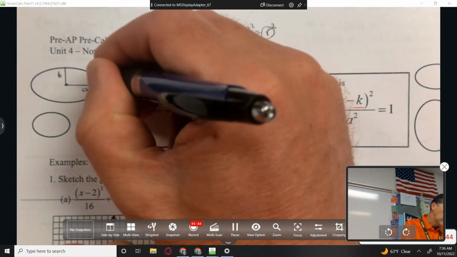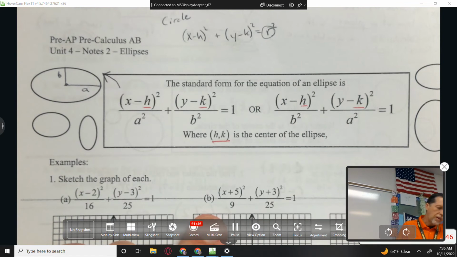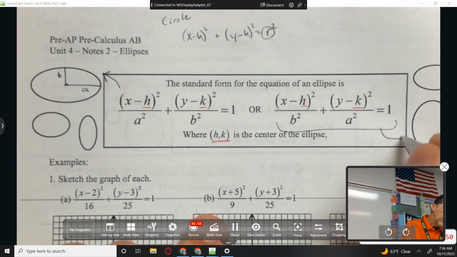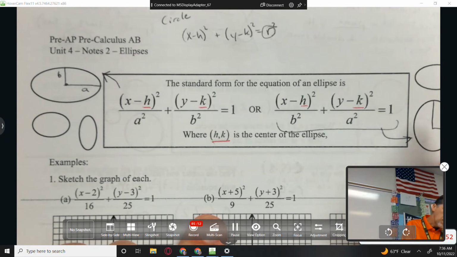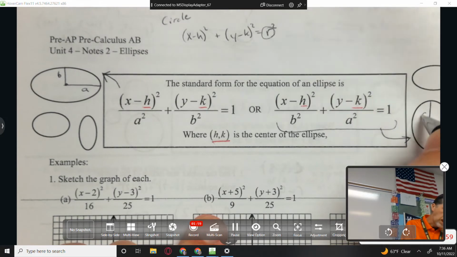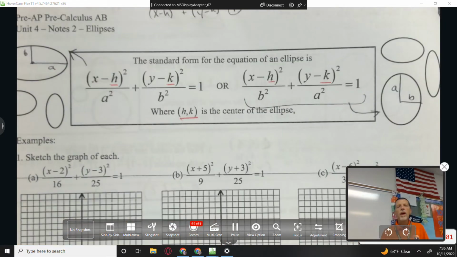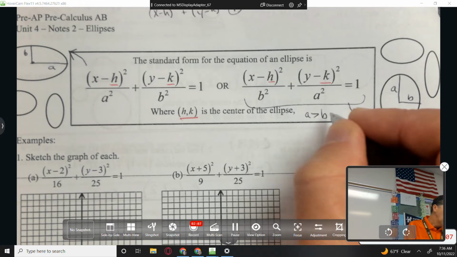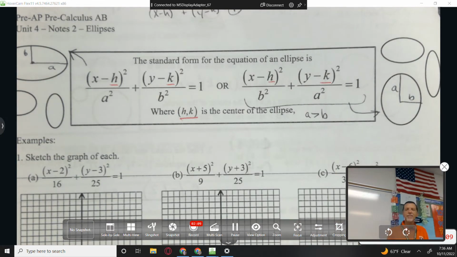So this one would sort of match up with that one. This one, yeah, B and A. And the deal is A is always bigger than B. That's how you know which one's A and B. But it kind of doesn't matter, because what matters is if it's under x, go that many in x.